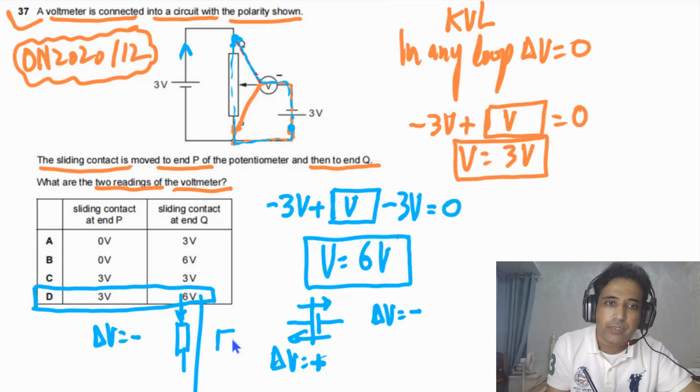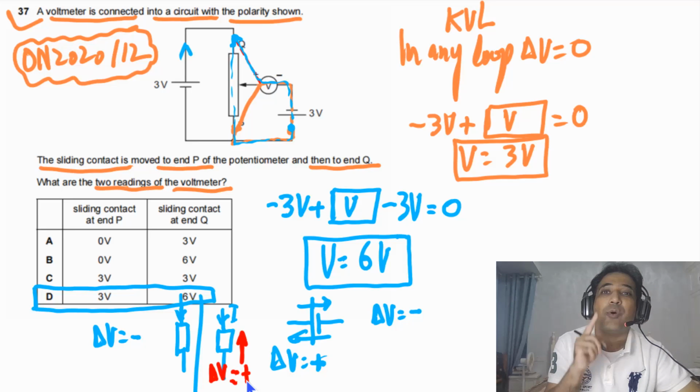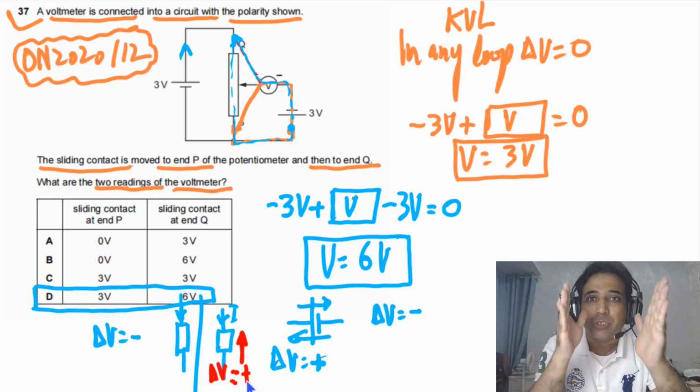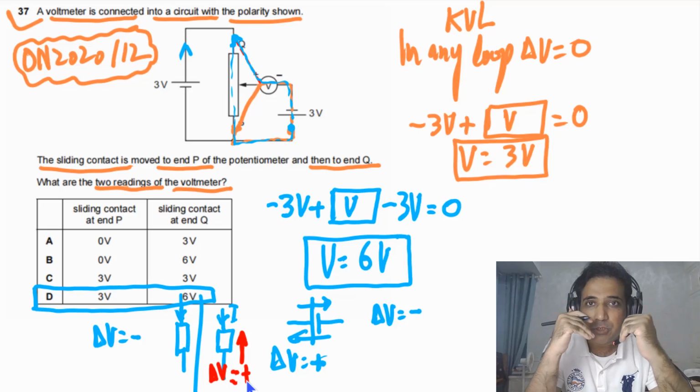Let's say we have this resistor and the flow of current is down and we go in the opposite direction. In this case, potential will increase. So the change in potential, the PD, has to be positive. What is PD? Change in potential. If potential increases, PD is positive.